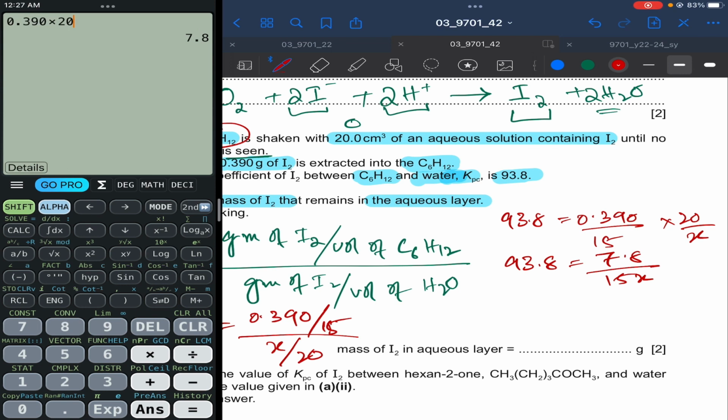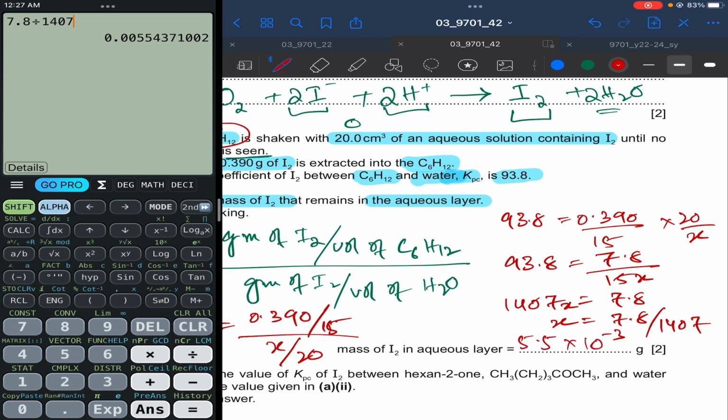And 93.8 multiplied by 15 is 1407, which equals 7.8 upon x, so the value of x would be 7.8 divided by 1407. So 7.8 divided by 1407 is 5.5 into 10 raised to power minus 3.